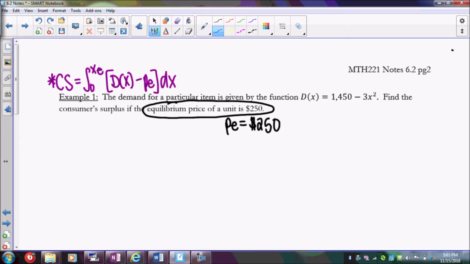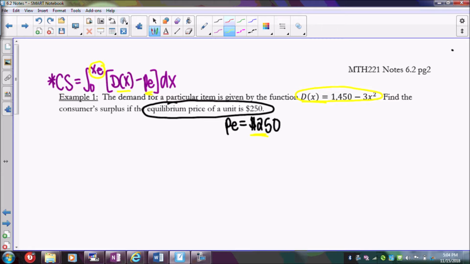We have d of x, and we have p sub e. What I need to know that I don't have is x sub e. In order to plug in and integrate, the first thing I need to do is find x sub e.